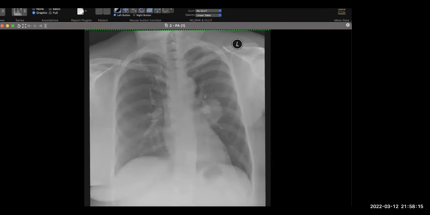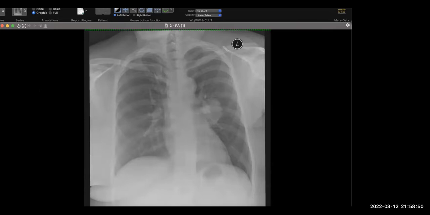I can see the right heart border really well. So I'm thinking the vessels are not dilated. Medial to the mass, I can, however, see the normal lung markings. So my primary differential in this case would be a possible intraparenchymal mass in this lesion, probably a carcinoma.